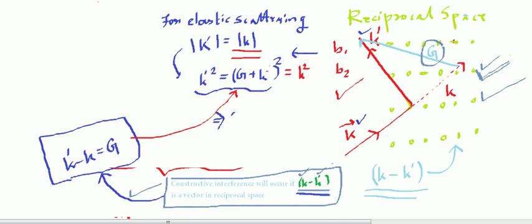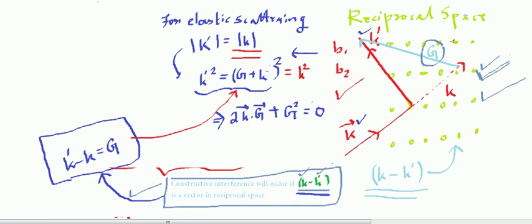The condition is 2 k dot g, where k is the incident wave vector, everything is in vector form, and g is the reciprocal lattice vector of the crystal you are using for the diffraction experiment, plus g square equals 0.